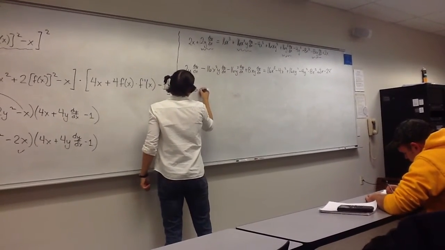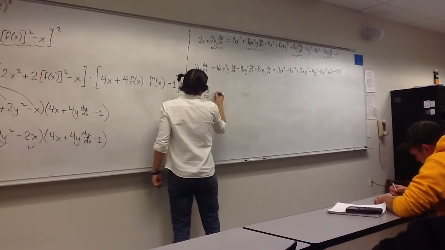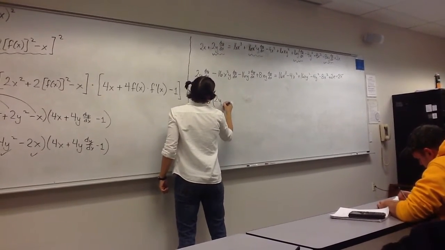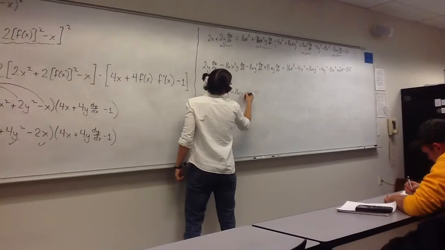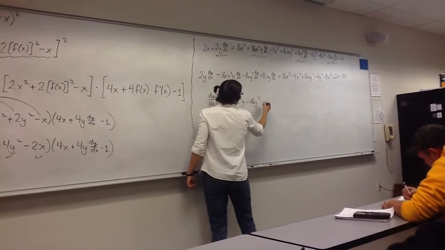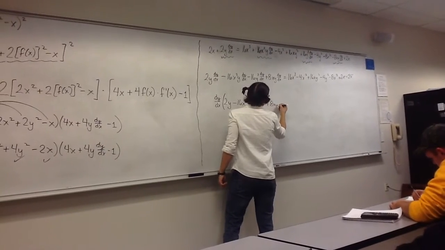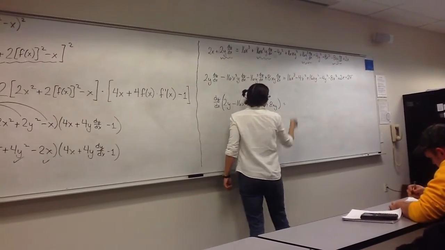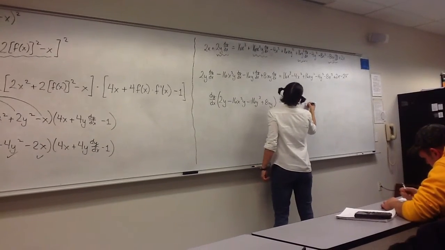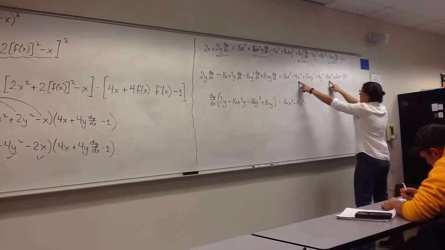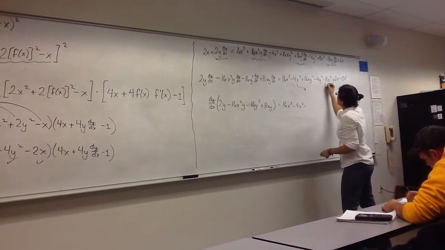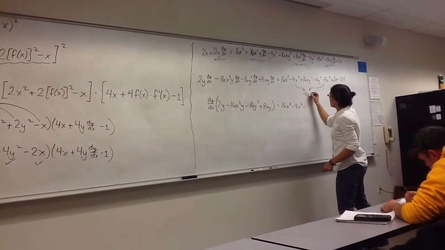So on the left side, I've got dy over dx times 2y minus 16x squared y minus 16y cubed plus 8xy. And on the right side, I can copy everything down. Can you combine the 4x squared and the 8x squared? Yes, that would be a really good idea. So those two together give us negative 12x squared.